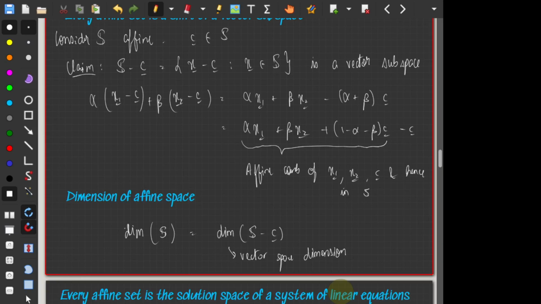Well, let's just use what we just saw, right? Every affine set is the shift of a vector space. Can we use this?